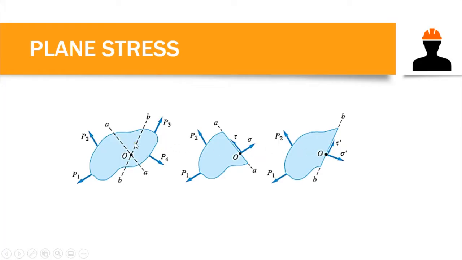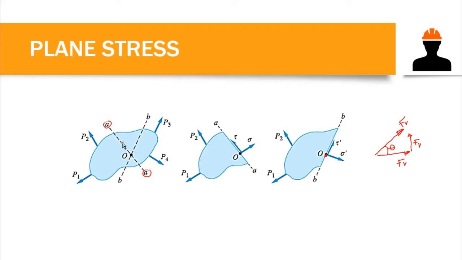Now, the same as if we have a force that is acting inclined, we know that at angle theta we have the horizontal component of that force and a vertical component of that force. The same with this one: if we rotate, let's say this is our AA, this is our original section.